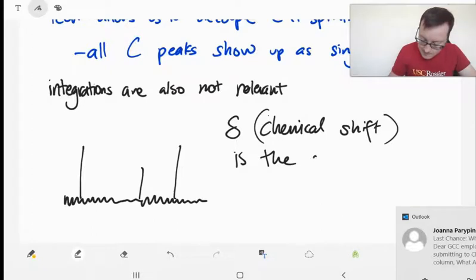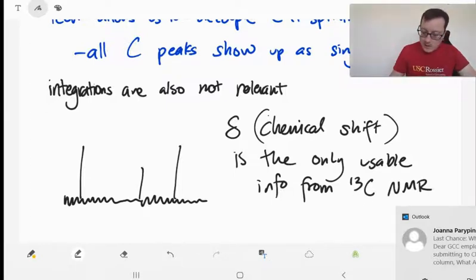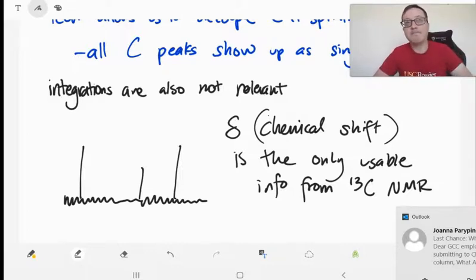It's the only, what's the term? Usable, generally speaking. There are some advanced techniques that more modern instruments have, which are pretty cool, that give us more information.